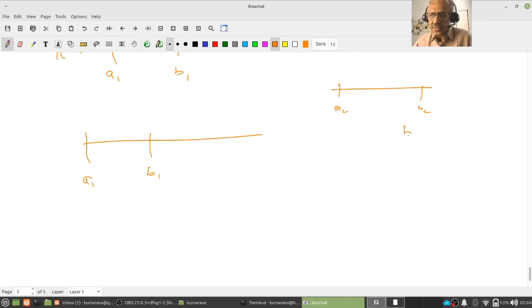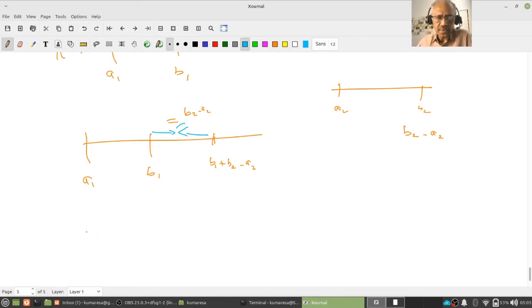What is the length of this interval? B2 minus A2. So I create an interval and put it here, that is, from B1 I travel B1 plus B2 minus A2. The length of this interval is B2 minus A2. Have you understood?